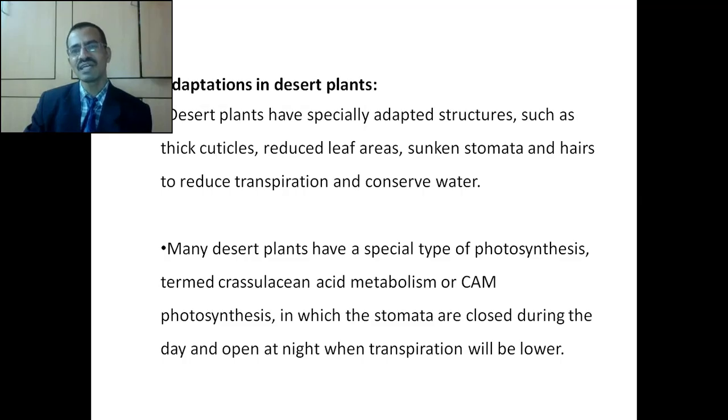So, opening of the stomata is a prerequisite for the plants. And many desert plants have a special type of photosynthesis. To minimize the water loss or transpiration, these desert plants, the xerophytes, have a specific mechanism, particularly the succulents. It is also called crassulacean acid metabolism or CAM metabolism.